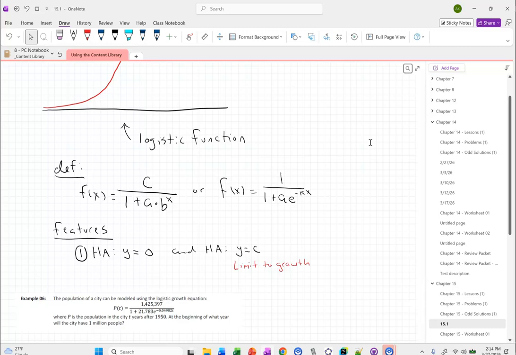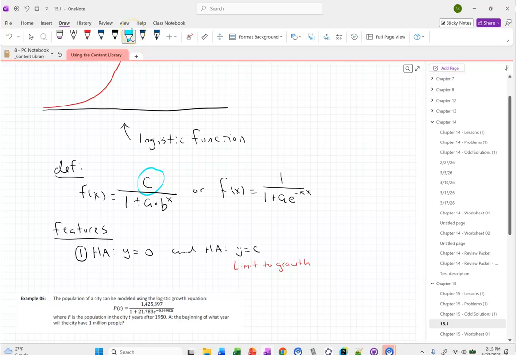Okay. A logistic function has key features: it has 2 horizontal asymptotes. This is the only function that we'll talk about in this class that has 2 horizontal asymptotes. The 2 horizontal asymptotes are going to be at y equals 0 and y equals c.